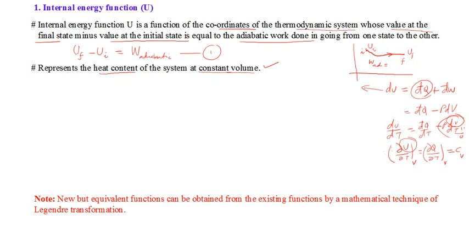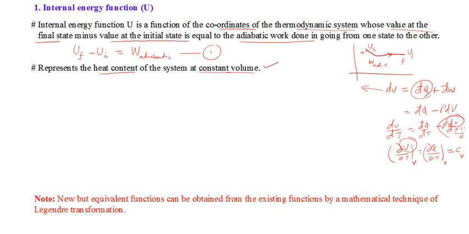We'll see, when we discuss enthalpy, which is yet another thermodynamic potential, that enthalpy also will represent the heat content of the system, but not under constant volume. Instead, it will be the heat content under constant pressure conditions. Usually the internal energy function is so familiar to us that we do not use this idea of heat content at all, because we are familiar with internal energy in another way: as the sum total of the kinetic and potential energies of all the constituent atoms.